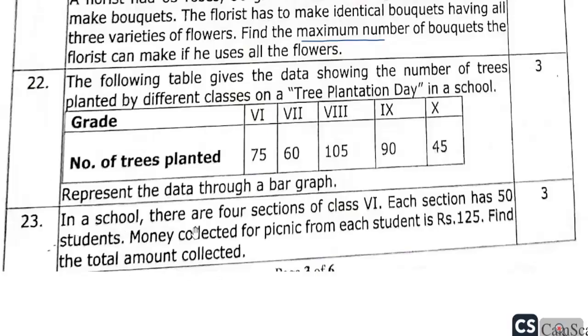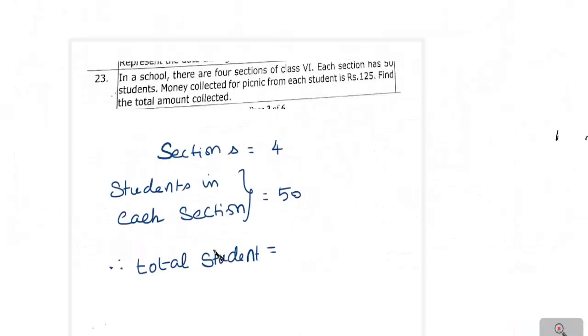There are 4 sections, each with 50 students, so 4 into 50 is 200 total students. Money collected per head is 125, so 200 into 125 is the final amount.